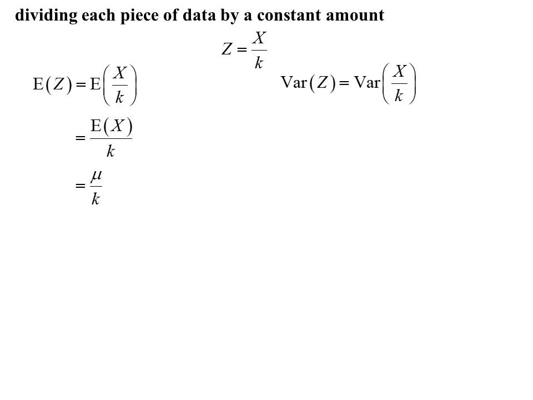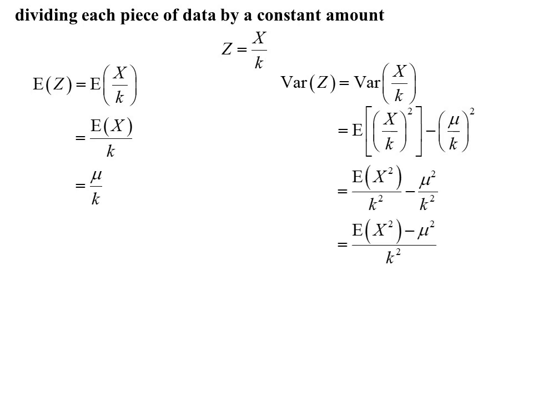Variance then. Let's play around with that one. Again, I could pull out the constant, well in this case constant squared, it'll go on the bottom. So on the top I've got the expected value of x squared minus mu squared. Oh, hang on, that's the variance of x. So I've also divided the deviation, or the standard deviation, by that same constant.